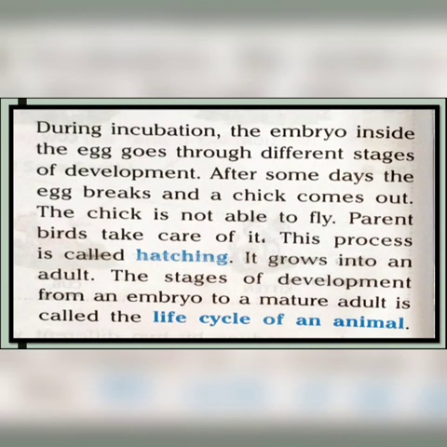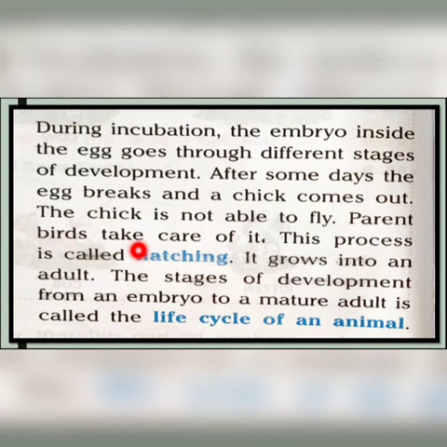Now let us know what happens during incubation. During incubation, the embryo inside the egg goes through different stages of development. After some days, the egg breaks and a chick comes out. The parent birds take care of the chick, and that process is called hatching.